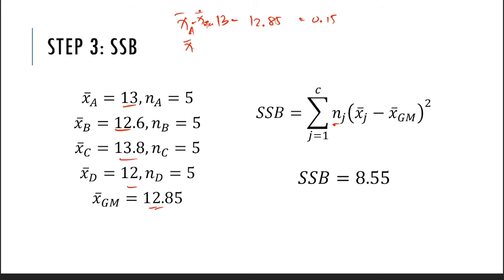Okay, so XB minus grand mean, that will be equal to 12.6 minus 12.85. So we will have here negative 0.25. Okay, check nga.